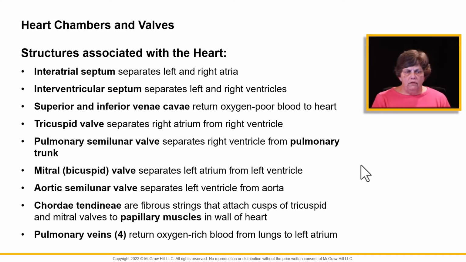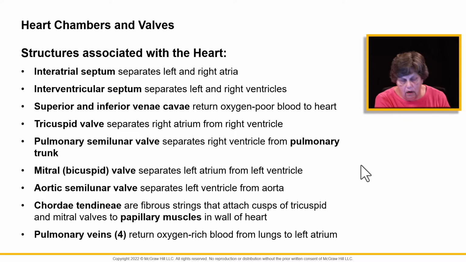You have 4 valves. You have basically 2 different kinds of valves. We'll talk about this, but you have atrioventricular valves. These are valves that are between the atria and the ventricles. Okay? On the right side, it is the tricuspid valve. Try right.